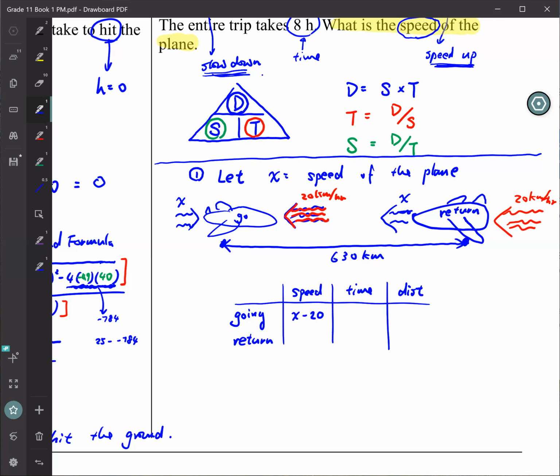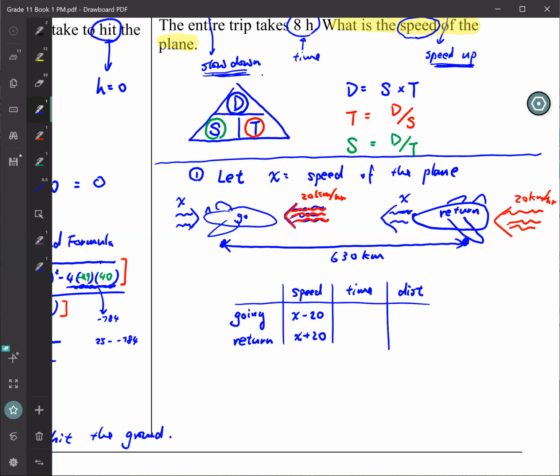Yeah. Now, back to the question. What should we put inside the return speed? X plus 20. Yes, now you got it. So that's the reason for adding and subtracting: to make it speed up or slow down if there's a wind.